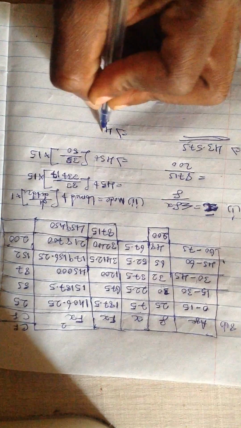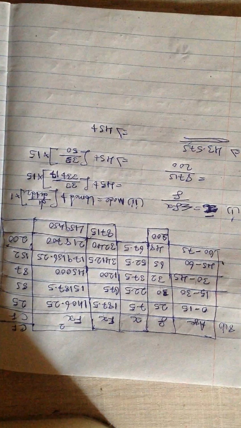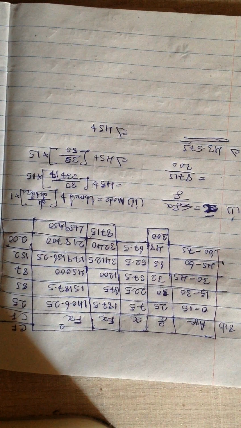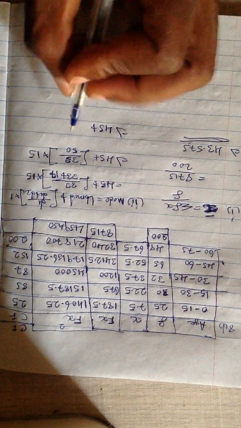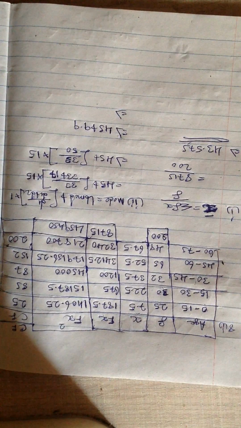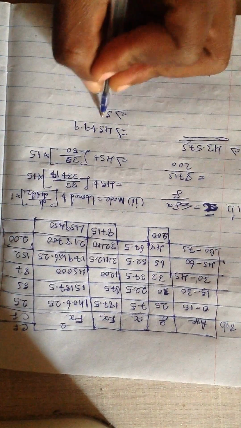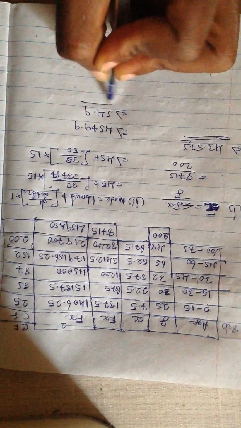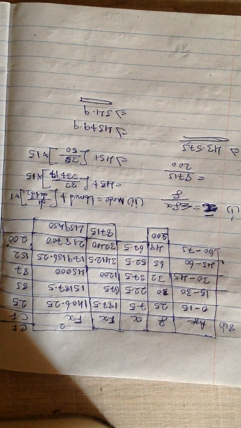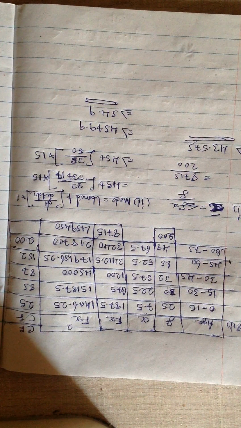So you maintain your 45 plus 33 divided by 50. 33 divided by 50 gives 0.66, multiplied by 15 gives 9.9. So 9.9 plus 45 gives 54.9. So this becomes your mode. 54.9 is your mode. This is how we calculate the mode under grouped data.